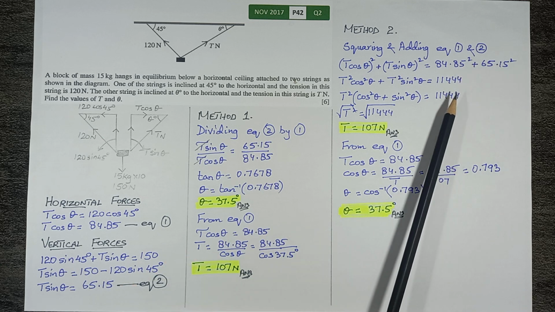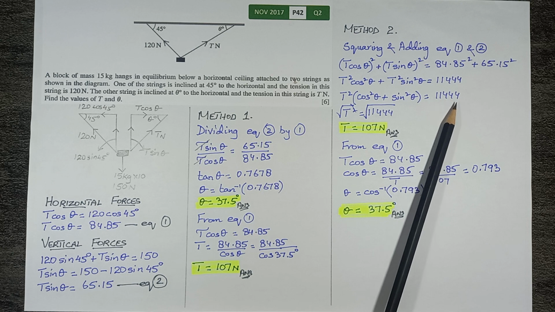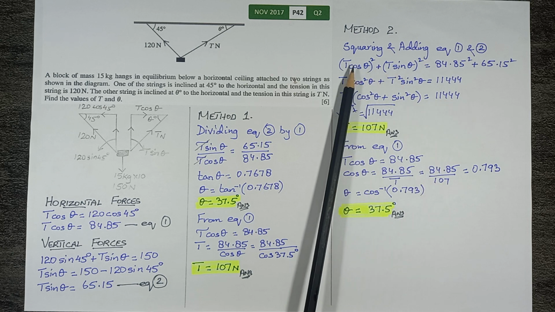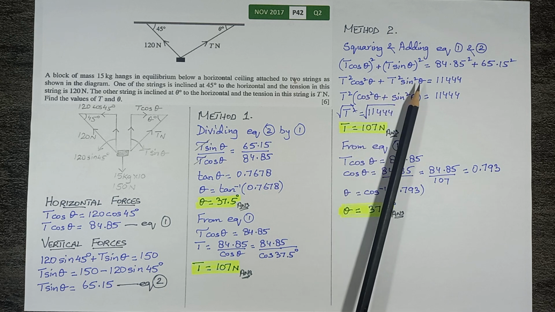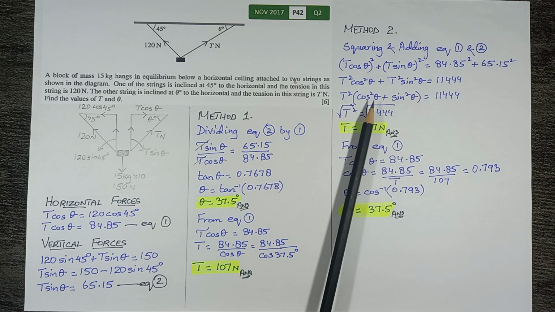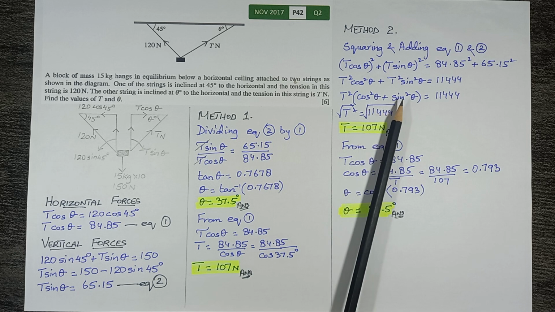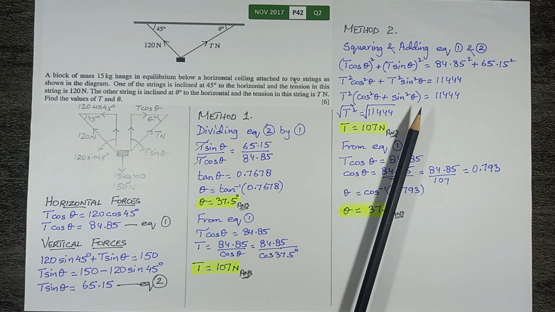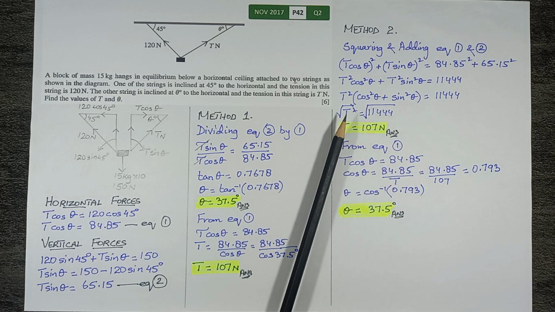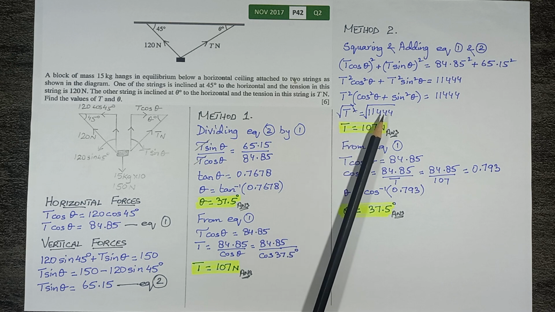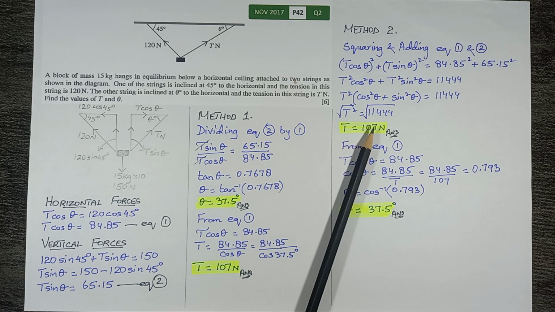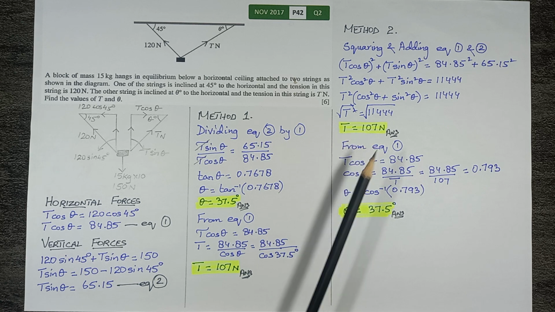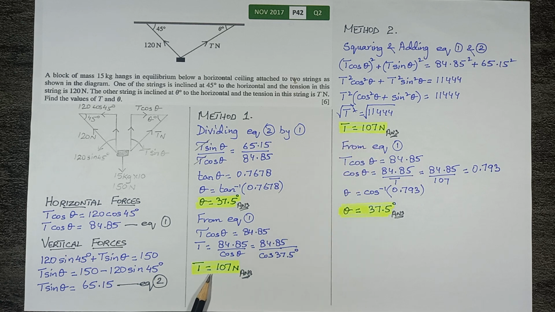After simplification we have this value, which is 11,444, and after opening up the bracket we have T square cos square theta plus T square sine square theta. Taking T square as common, in the bracket we have cos square theta plus sine square theta, which is an identity equal to 1. So we are just left with T square equal to 11,444. Taking the square root, we have the same value of T, 107 Newton, which we found from method 1.